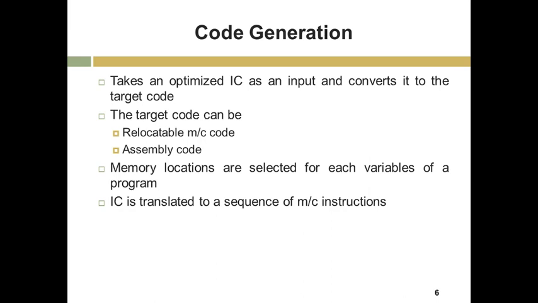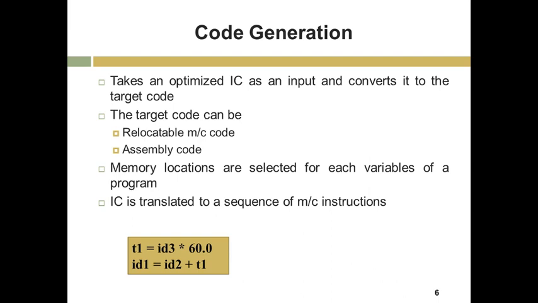If it is assembly code, then it is given to the assembler to convert it into the target code. The code generation phase will select the memory locations for each variable of a program, and these memory locations are relocatable memory locations. The intermediate code is translated into a sequence of machine instructions.